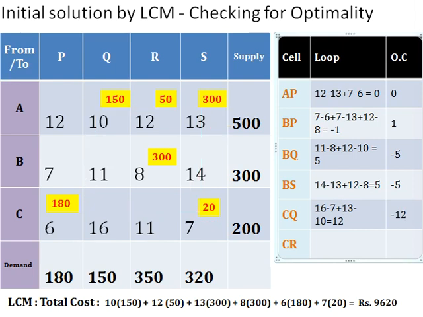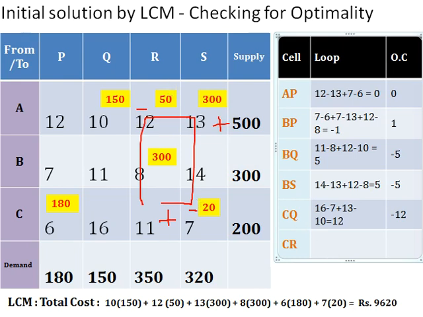Similarly, we can calculate for the next unoccupied cell, that is CR. So for this CR cell, we can start from here, going here, and then we have this and coming back. So at each turn, again we are assigning plus, minus, plus, and minus.